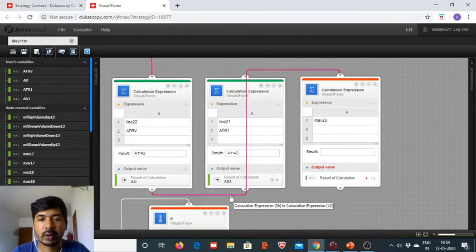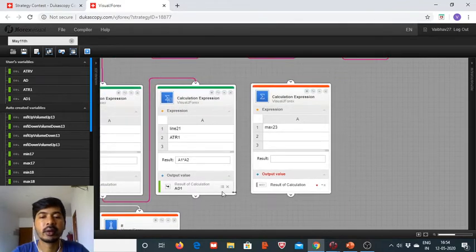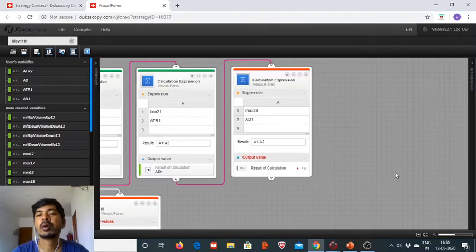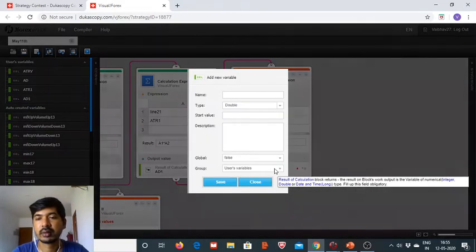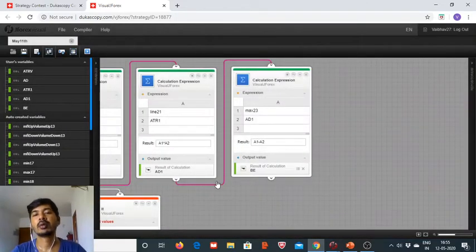Here we got the 50% of the ATR, which we will deduct from the maximum value, and it would be A1 minus A2, and this will be the buy execution price. So it will be named as BE. Okay, so this is going to be our buy execution price.